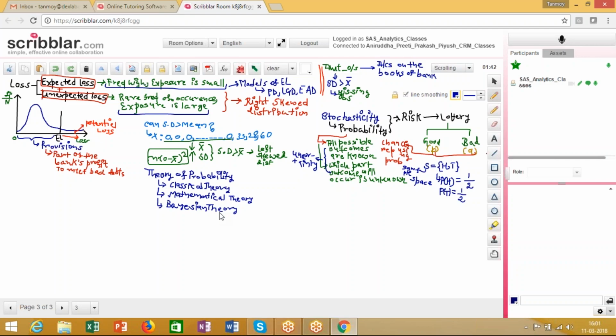Completing the theory and distribution will take 3 classes. We'll start distribution next Sunday, and then continue and close it next Saturday. After that, we move into sampling theory and distributions.